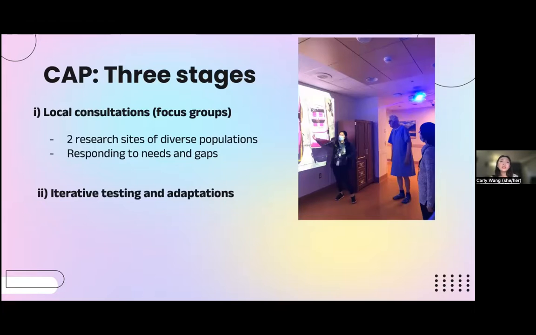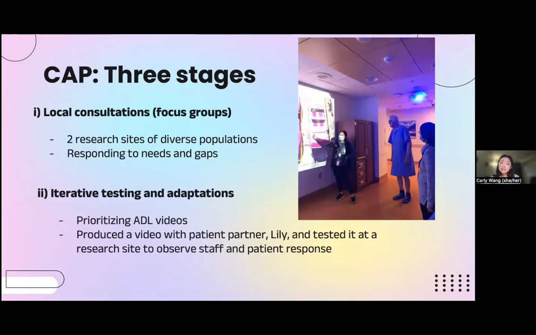And after we made the videos with the thanks of Lily Wang, the family partner, we went through iterative testing and adaptations, prioritizing ADL videos specifically when we made these adaptations, because that was what the sites voiced that they needed the most, and produced a video with their patient and family partner, Lily, to test it at the research site to observe the staff and patient response.